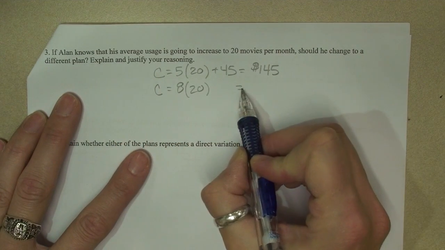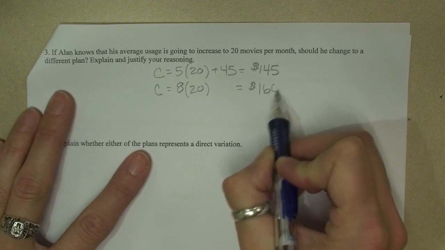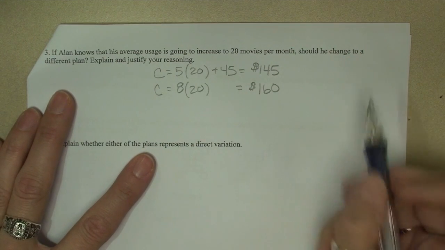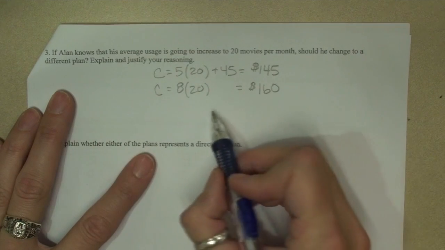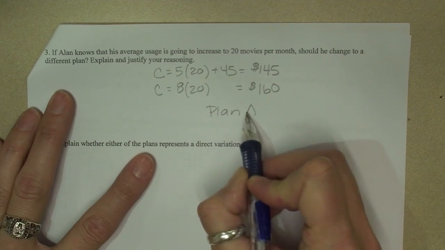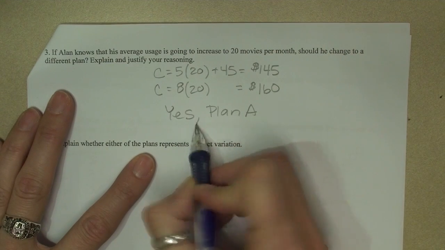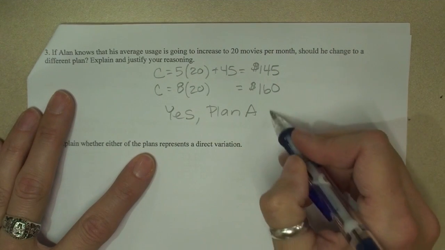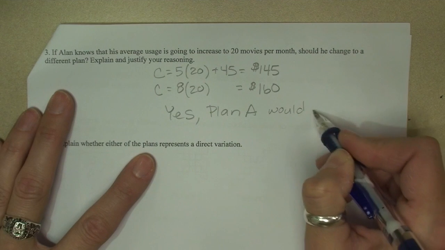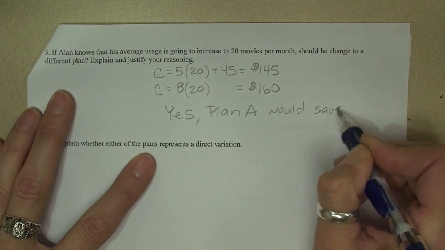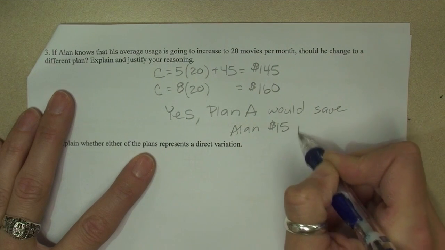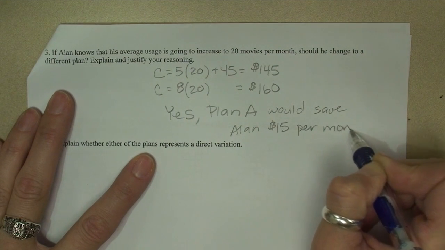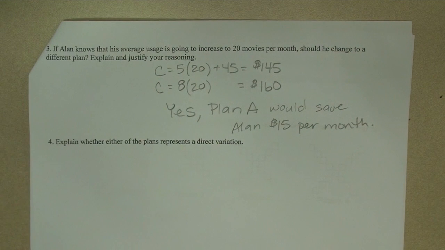When I put that in my calculator, that's $160. So Plan A, it says, should he change to a different plan? I would say, oh yeah, Plan A, yes. Plan A would save Alan $15 per month. If he's going to watch 20 movies, you might as well go with the cheaper.